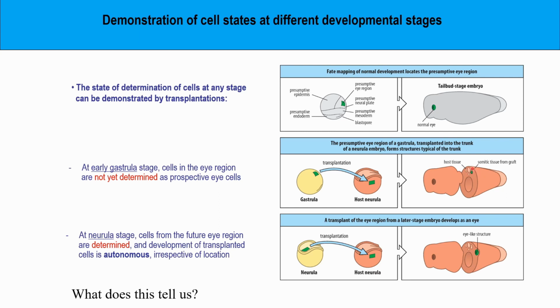It will not grow into an eye. It will grow into a structure appropriate to the animal here, right? So it was not determined. But if we take from the same animal at a later stage, this time from the neurula stage, and we transplant it into the same place, into the host animal, we see that in this case, it now develops into an eye-like structure in the wrong place.